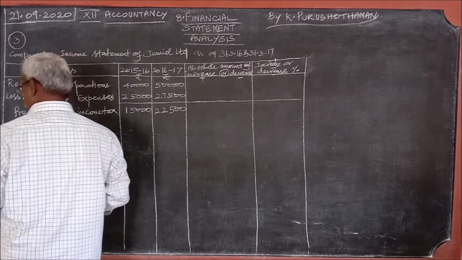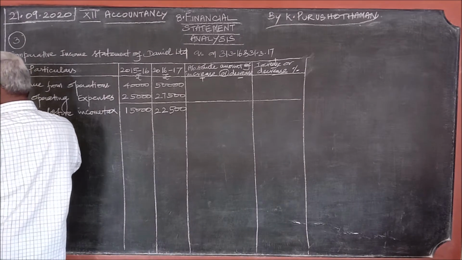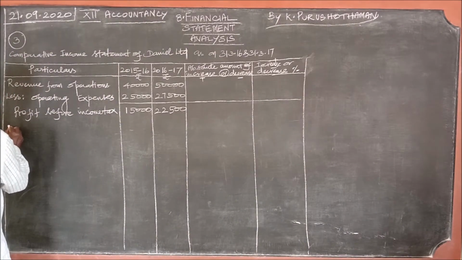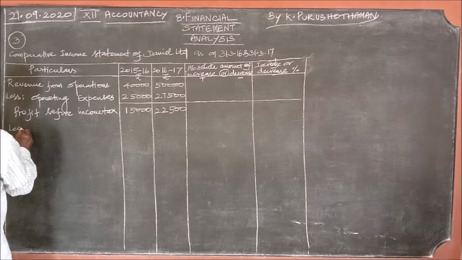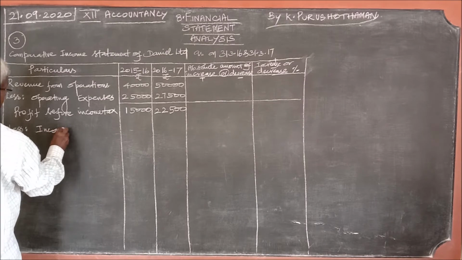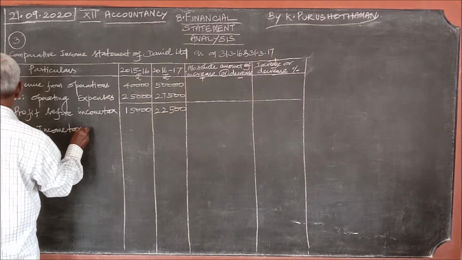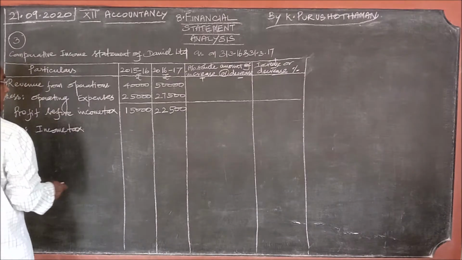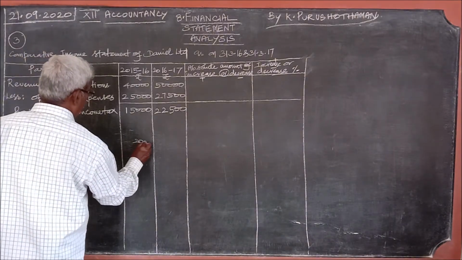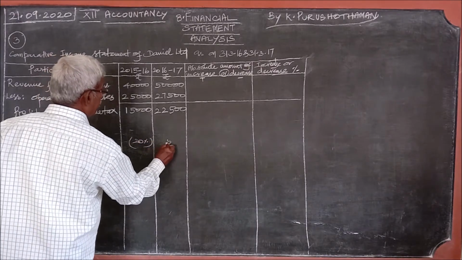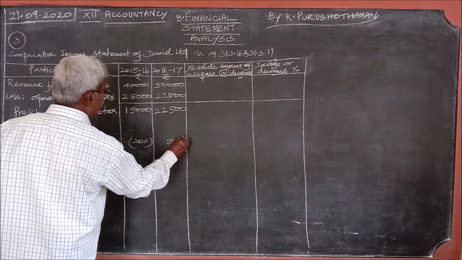Then, what is the next item given? Income tax. This also you should find from the profit only. Less income tax. What is the percentage? First year 20%, second year 50%.